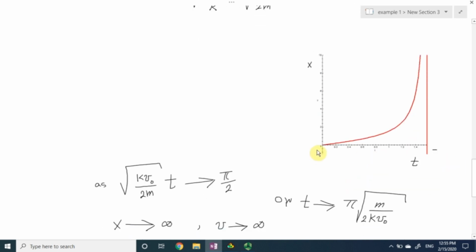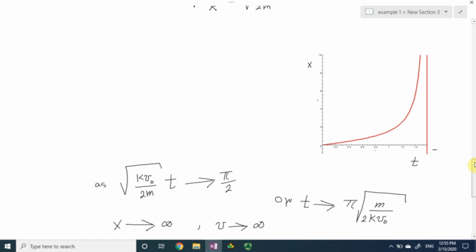Now when time is 0, x will be 0 as expected, and as time goes forward, the tangent function will blow up. And when does it blow up? When the argument is pi over 2, because we know that tan of pi over 2 approaches infinity.